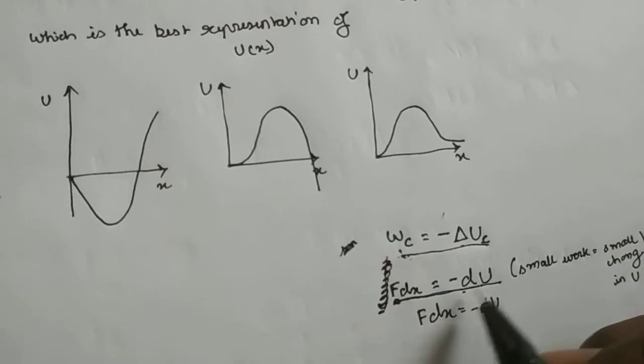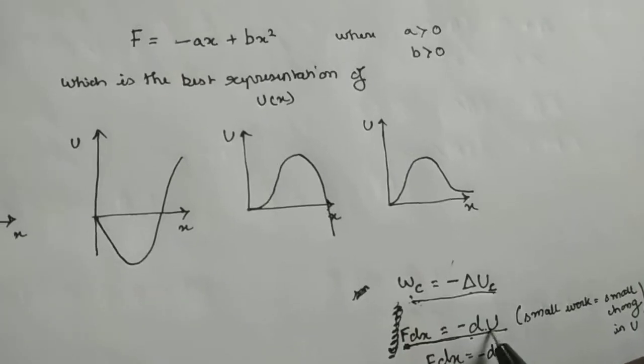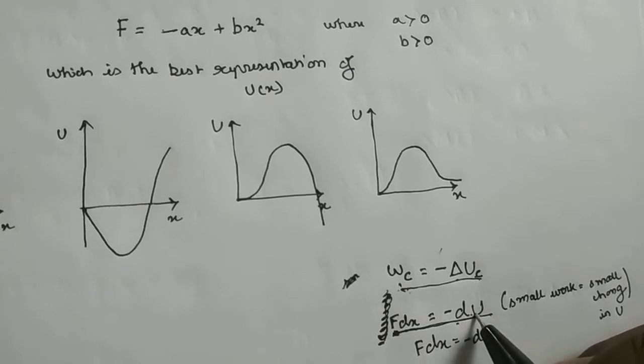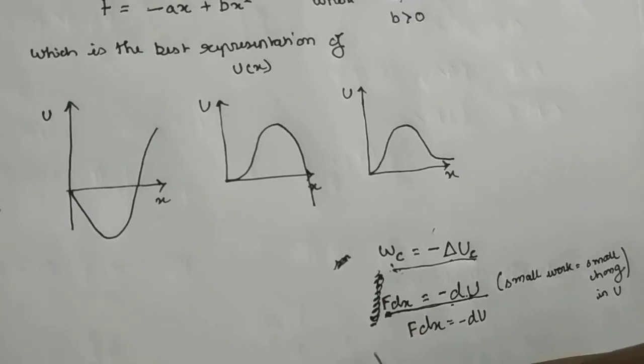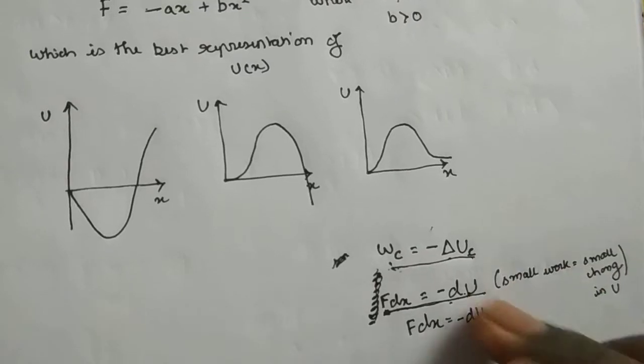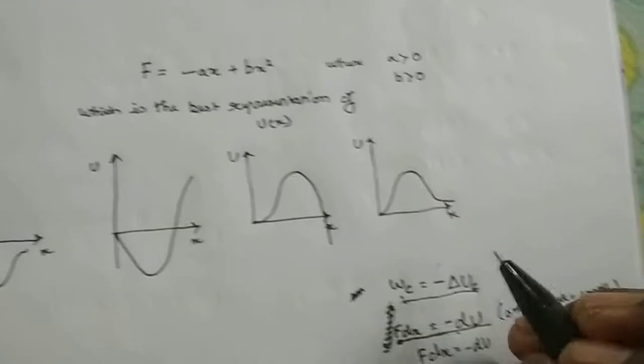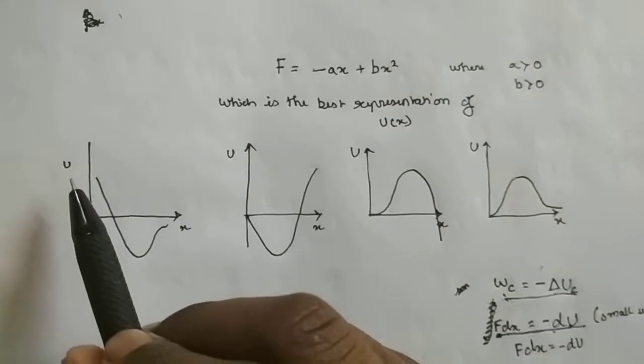From this equation, if we integrate it, we can get a relation between u and f. That is exactly what we want, because we have been given the graphs of u and not f, but we have been given the equation of f.